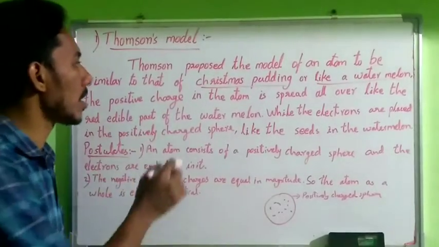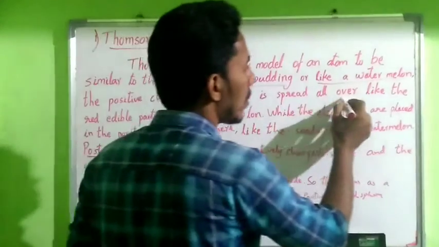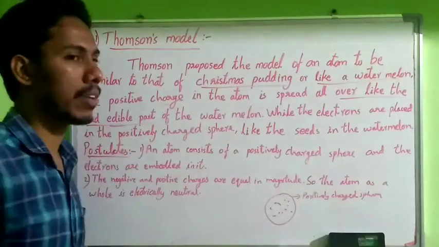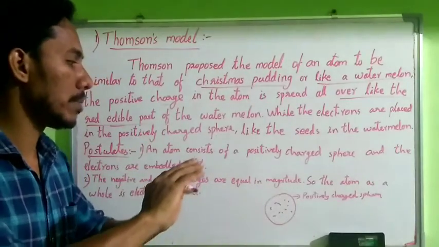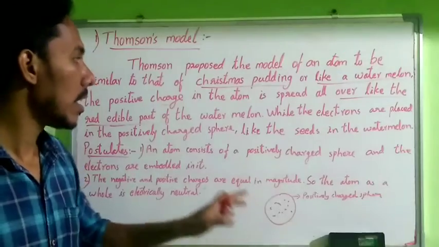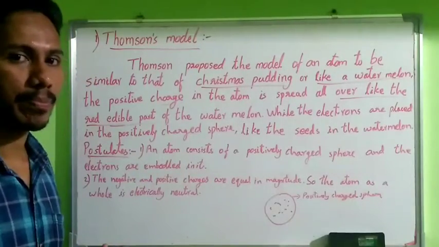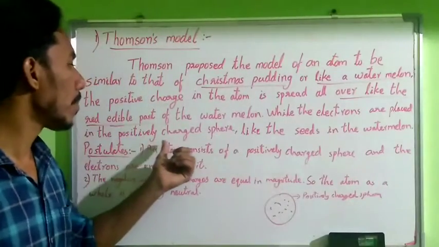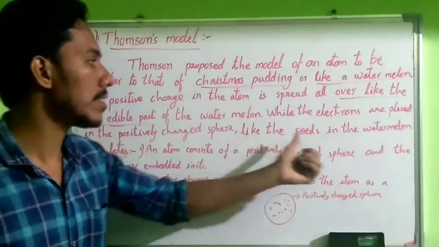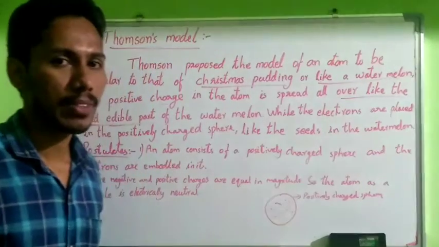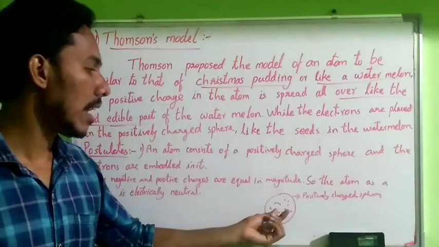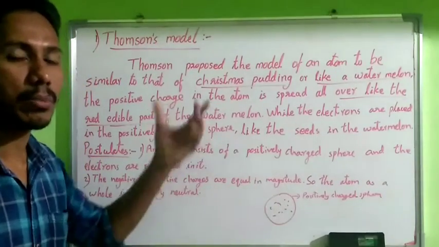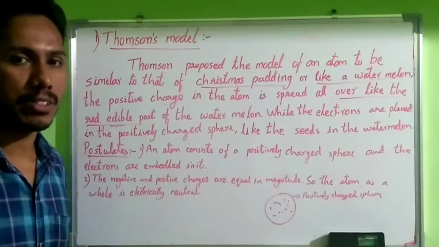The positive charge is spread all over like the red edible part of the watermelon, while the electrons are placed in the positively charged sphere like the seeds. That is Thomson's theory of atomic structure.